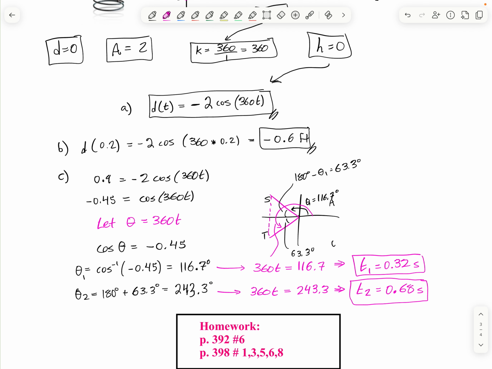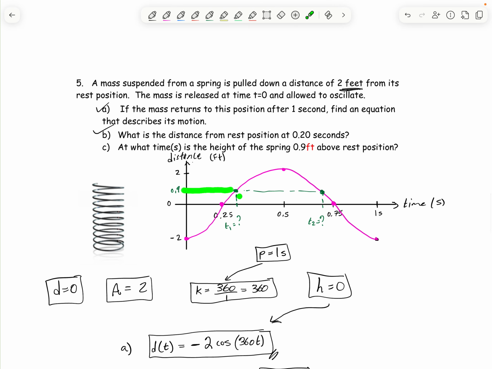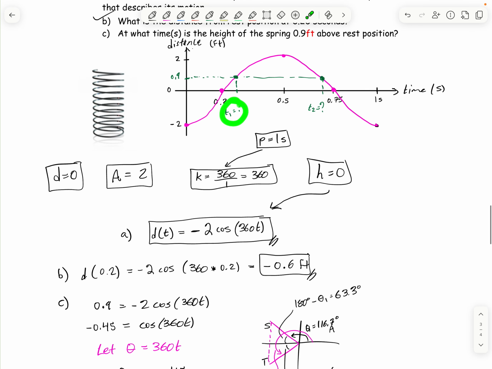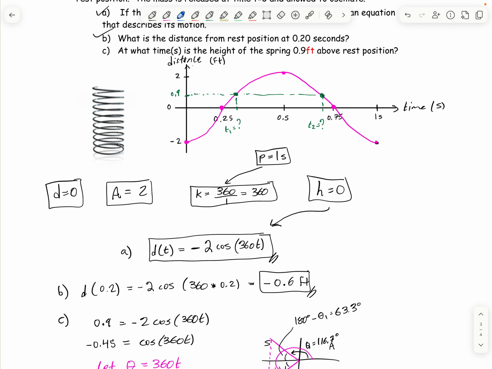Okay, so here we have our two time values. These are the two answers. So the spring is 0.9 feet above the rest position at t1 equal to 0.32 seconds, which we figured out right here, which makes sense, a little bit above that time.